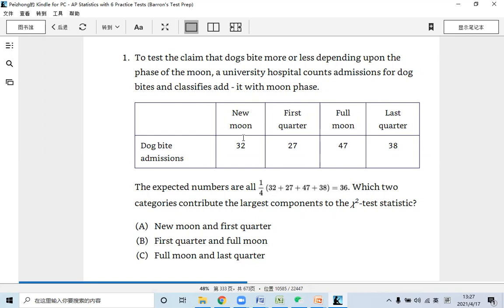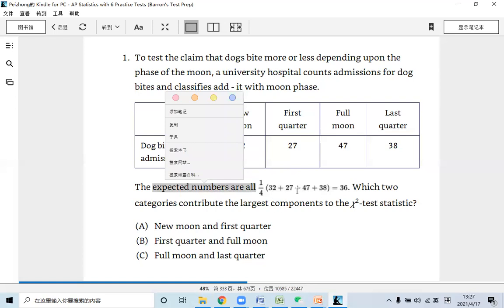23 for new moon, 27 for first quarter. Full moon, when the full moon is coming, 47 dog bites. And then 38 for the last quarter. The expected numbers are all 1 in 4.